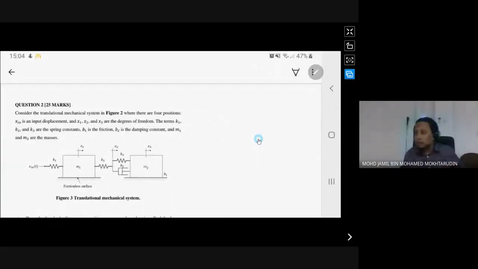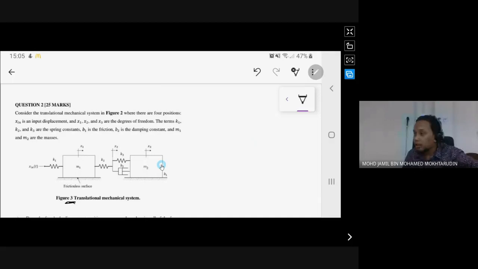So consider the translational mechanical system in figure 3, where there are 4 positions. X in is an input displacement.